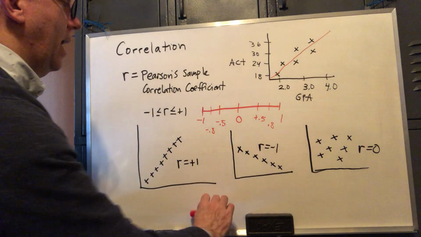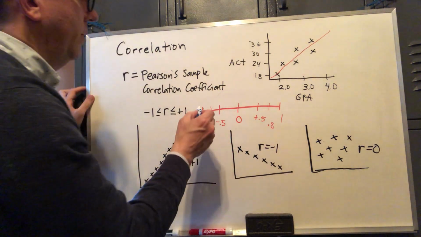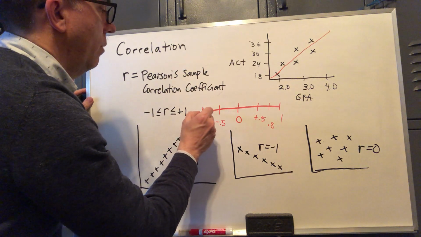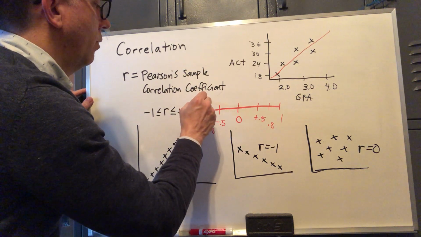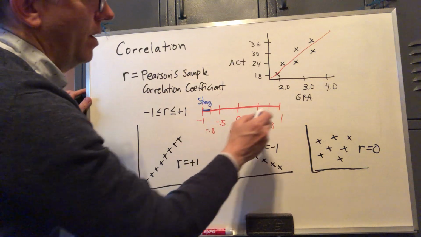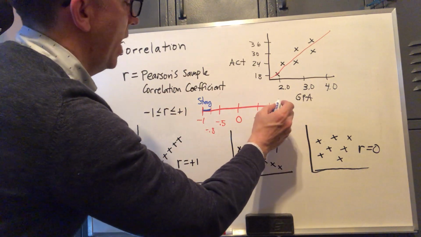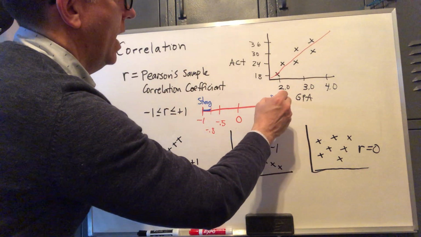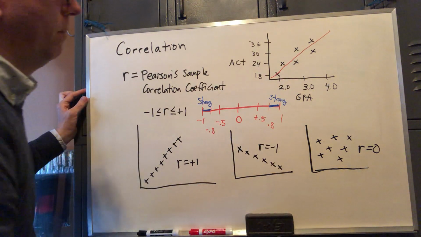Anything that lies out here in the extremes, from -0.8 to -1, we call that a strong linear relationship. Now it can be 0.7, we're not going to get upset, but it has to be way out there. This is a strong positive linear relationship.